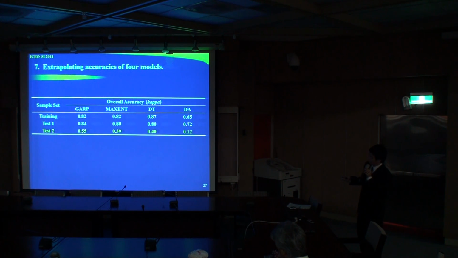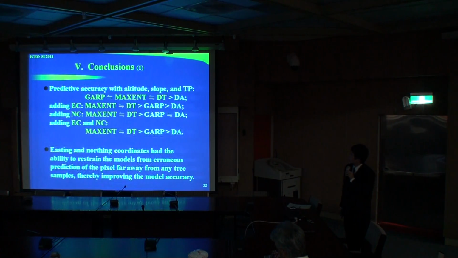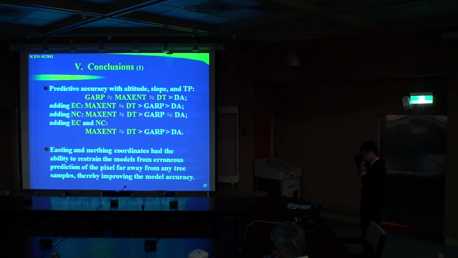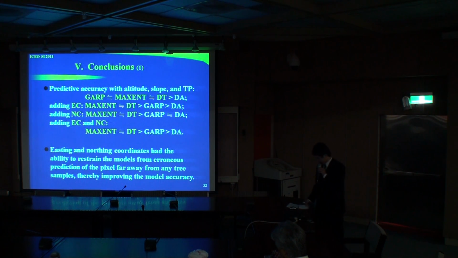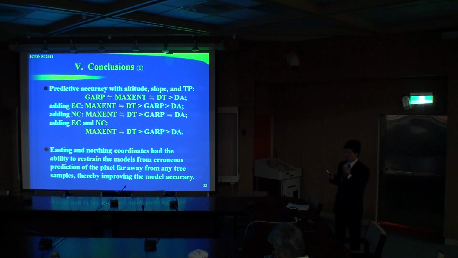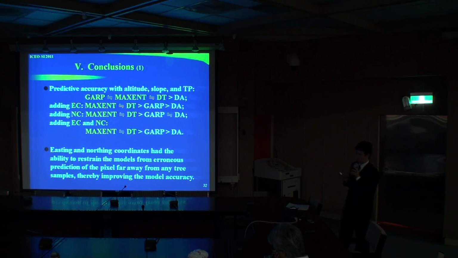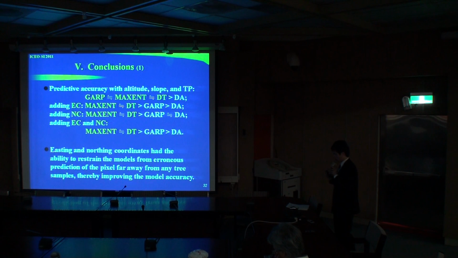Okay, we skip this. We have some conclusions. The first, when we build the model with altitude, slope, and terrain position three factors, the accuracy of GAP, MaxEnt and DT is nearly the same, but eastern and northern coordinates could improve the accuracy of MaxEnt and DT.